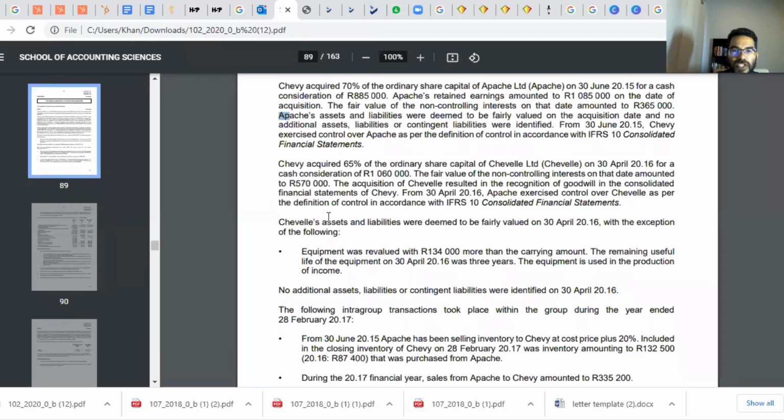Here they're saying also deemed to be fairly valued, but now they have another part called with the exception of the following. What is the exception? The exception is that the equipment was revalued with 134,000 rand more than the carrying amount. The remaining useful life of the equipment on 30th April 2016 was 3 years. The equipment is used in the production of income. Okay, so just keep that in mind.